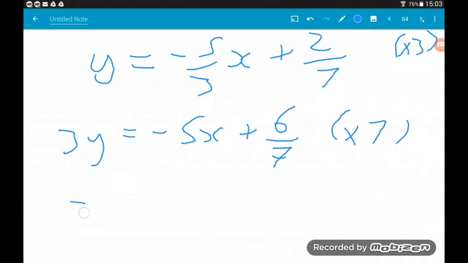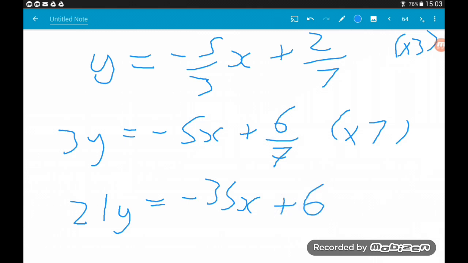So we're going to get 21y is equal to minus 35x plus 6. Now it's just a case of moving the two terms on the right over to the left.